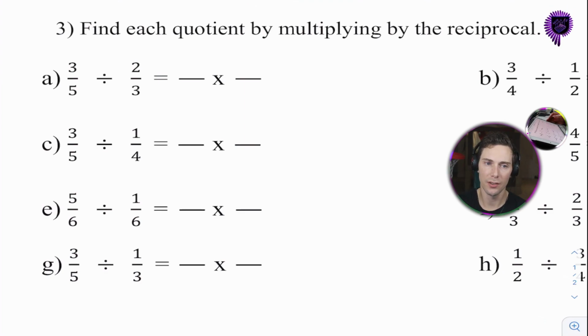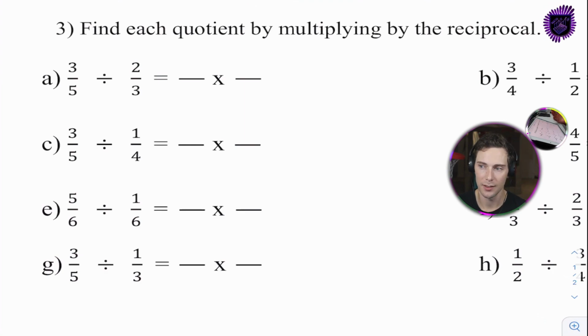So to create a group of 2/3 from a group of 3/5, or to divide 3/5 by 2/3, this is question 3a, you're simply going to understand that the answer will be equivalent to the multiplication of the inverse of 2/3 times 3/5.